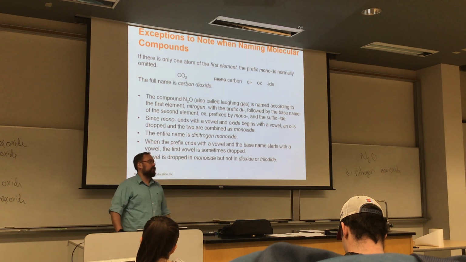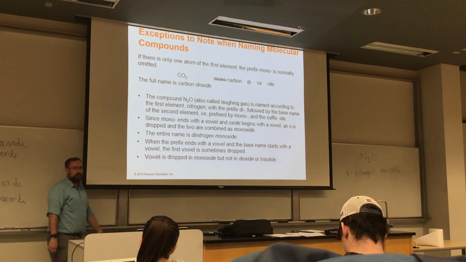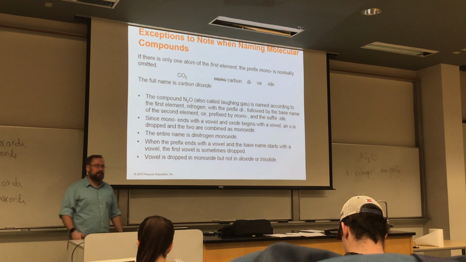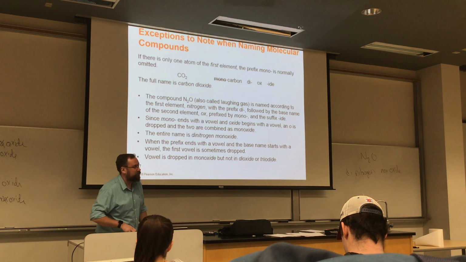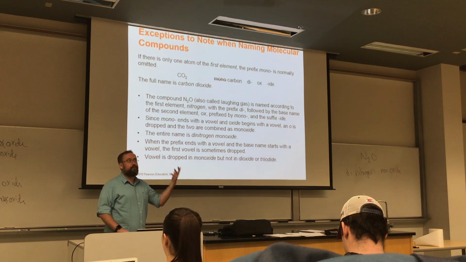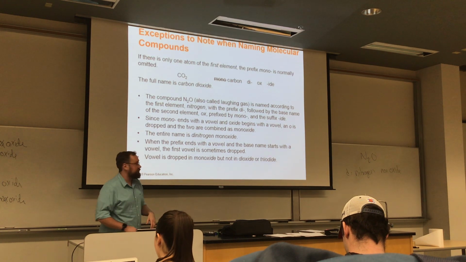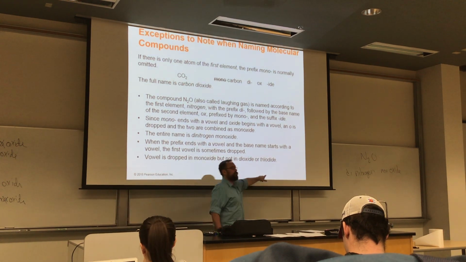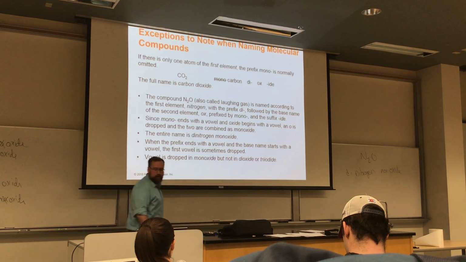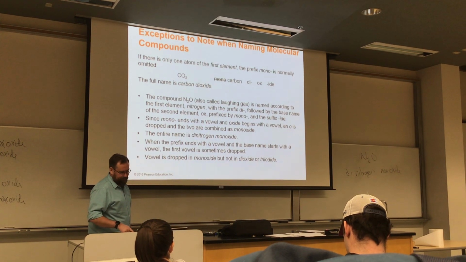I think that's kind of the cutoff: when we start losing information so we won't be able to tell what's happening, that trumps how easy it is to pronounce. Because triiodide doesn't necessarily roll off the tongue, but that's how we say it.